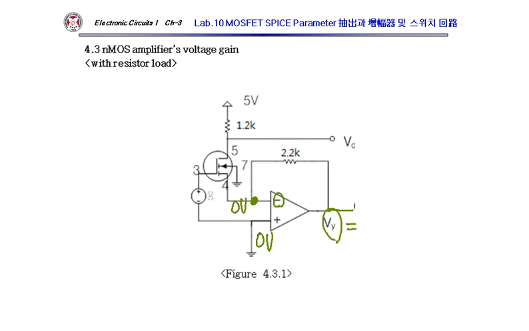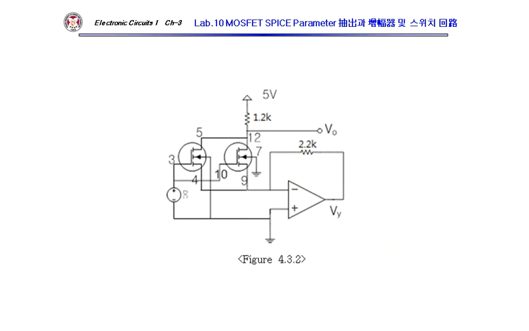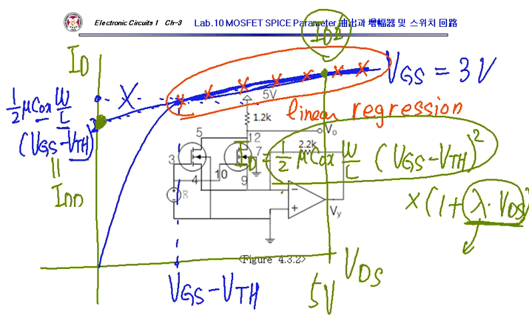So this Vy will again be minus ID times 2.2K. This time 2.2K. Then I have some DC voltage here. Do I have a function generator? No. Okay.